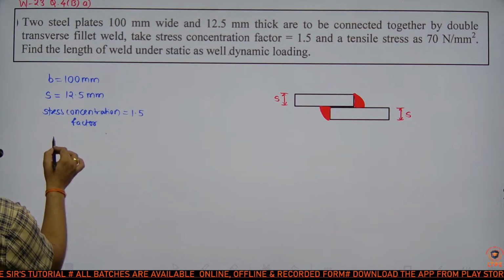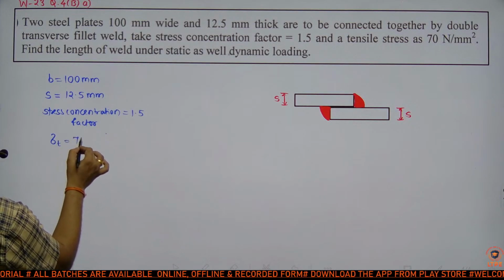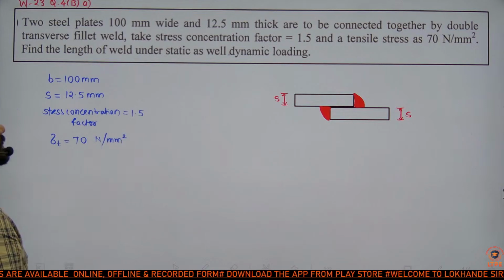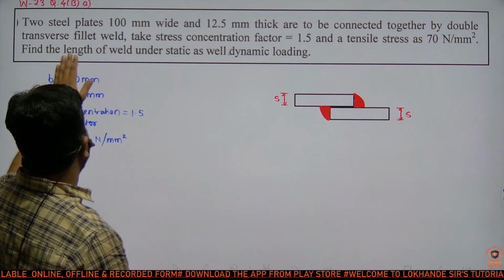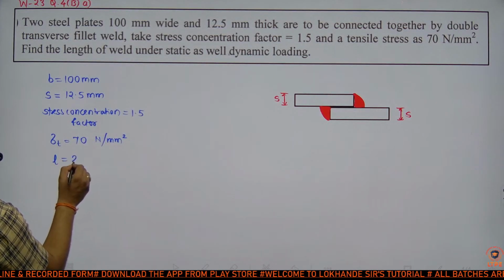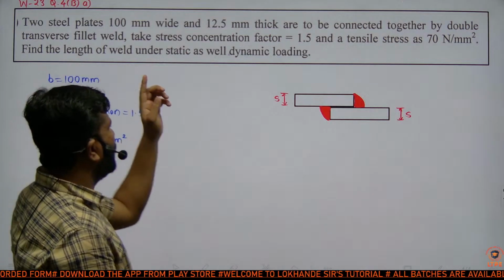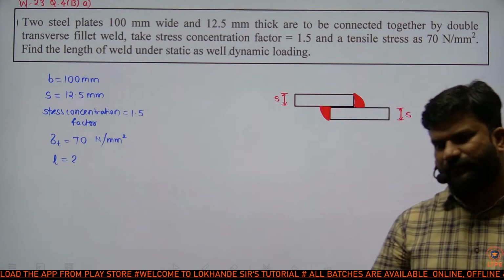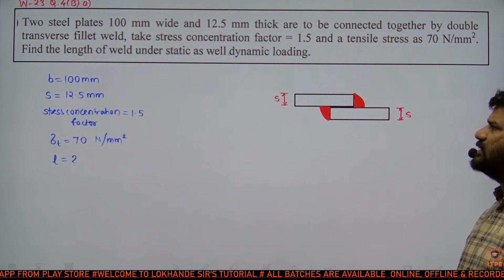Tensile stress means sigma T, which is equal to 70 Newton per mm square. Find the length of weld. What do we have to find? We have to find the length of weld under static as well as dynamic loading.